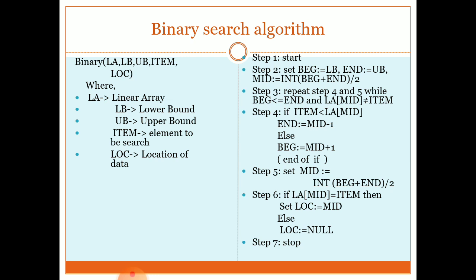There only we have to stop, or when array of mid equals item. Clear? So until only one element remains, where beginning and end are the same, or until array of mid, the mid element, equals item, we have to perform steps 4 and 5.